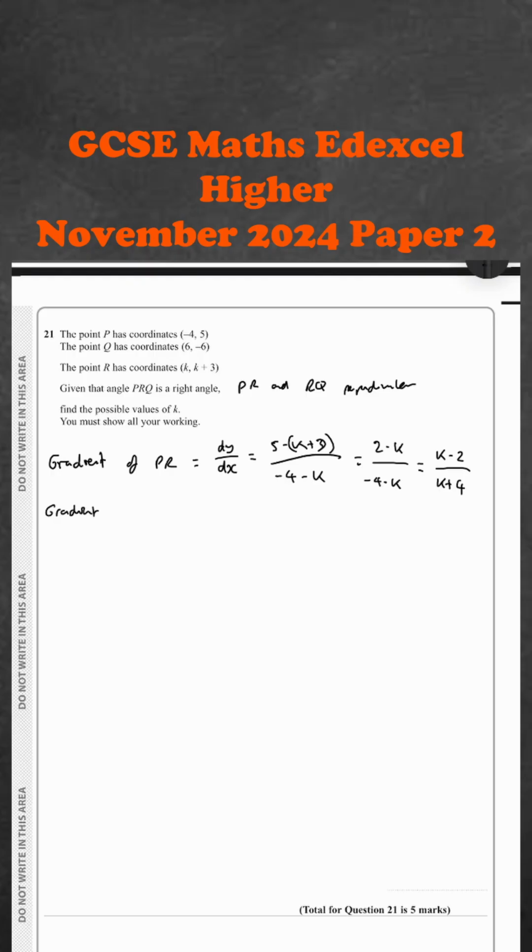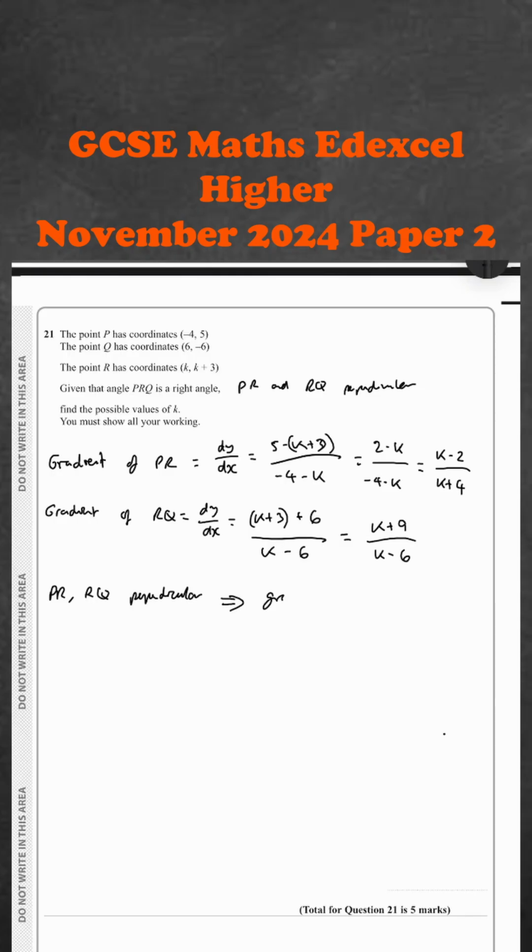Gradient of RQ, again we'll do dy over dx, is going to be a difference in y, which is K plus 3 minus minus 6, so plus 6, over K minus 6, which we can simplify to K plus 9 over K minus 6. We already know PR and RQ are perpendicular.